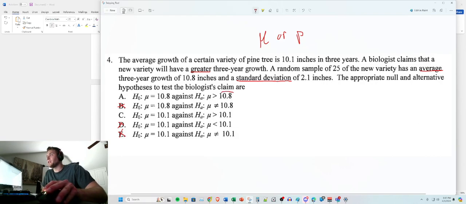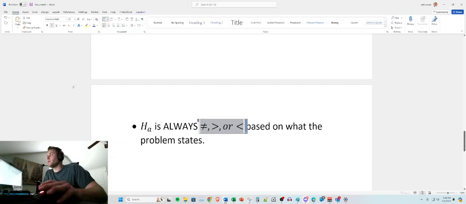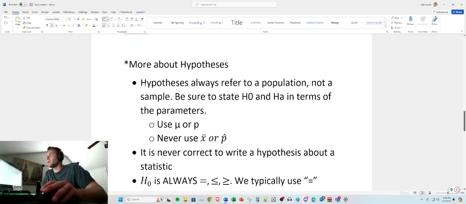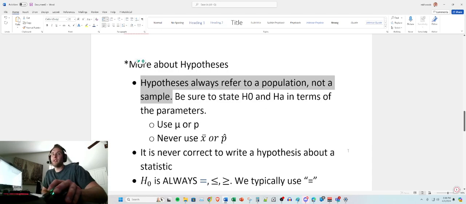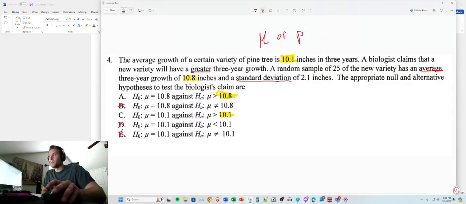Now you'll notice we have to decide, is it 10.8 or is it 10.1? Those show up. I'm actually going to highlight these. So this here and this here, these show up here. So we have 10.8 right here and 10.1 right here. We said in one of our rules that the hypothesis should always refer to a population, not a sample. So we're going to lean into that rule to help us here. Which one of these numbers is talking about the population and which one is talking about a sample?